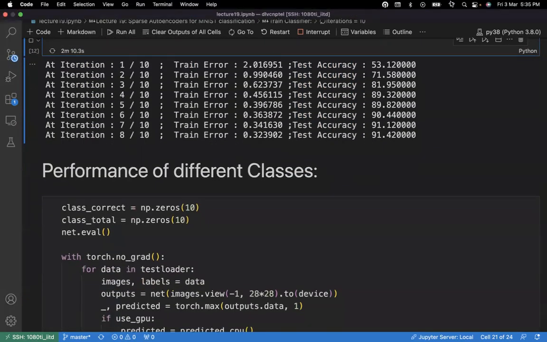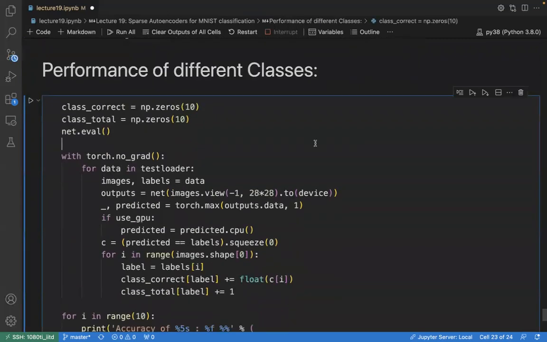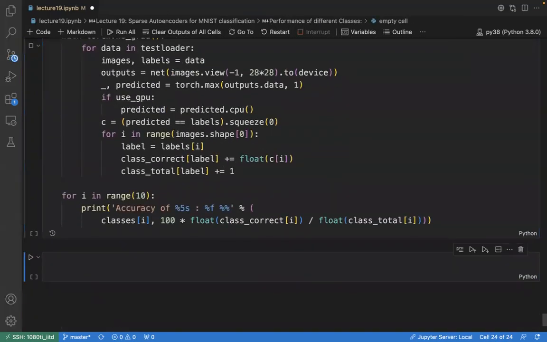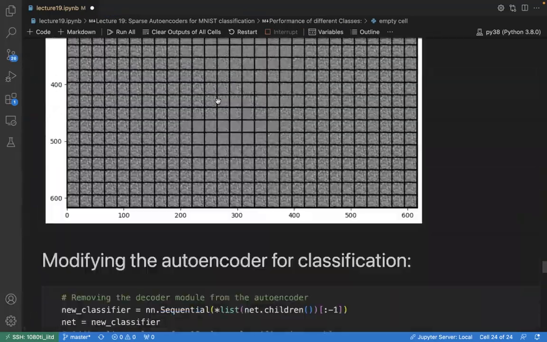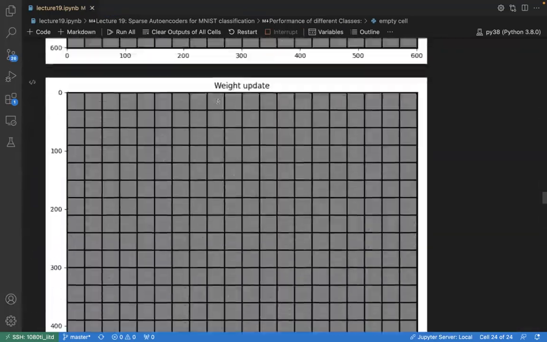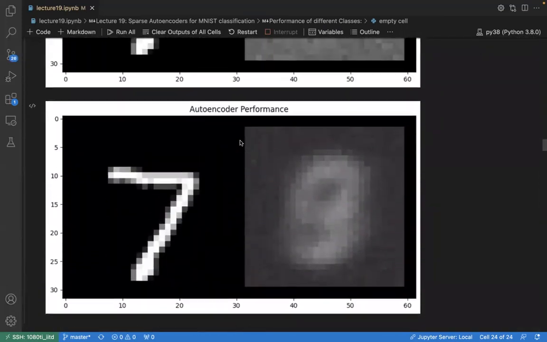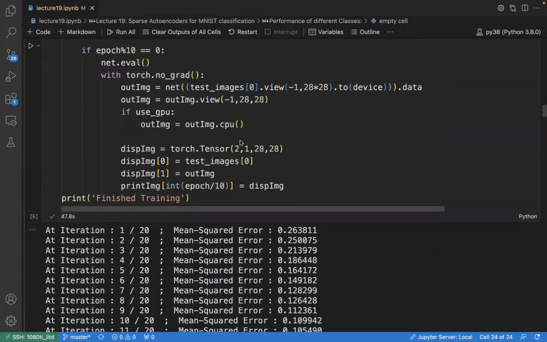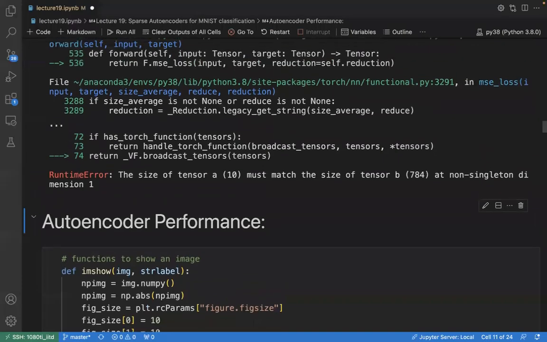If you remember last class, the reconstruction was good, but I don't know why it is not good now. So the performance of classification is good, but I'm not sure why the reconstruction is so bad here. Let me train it again and see if it improves.